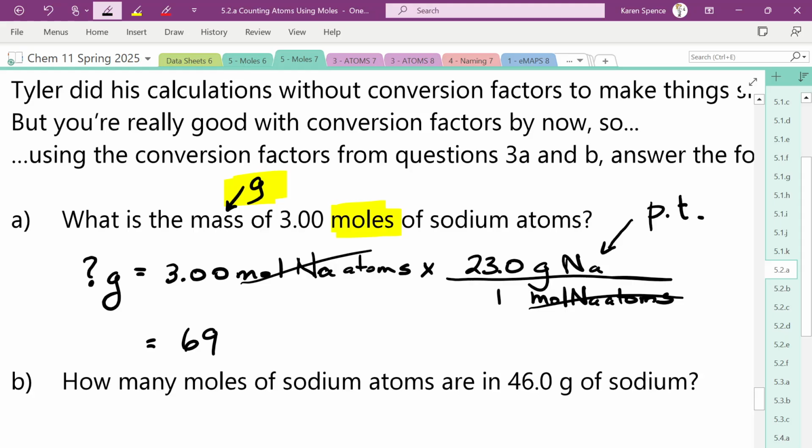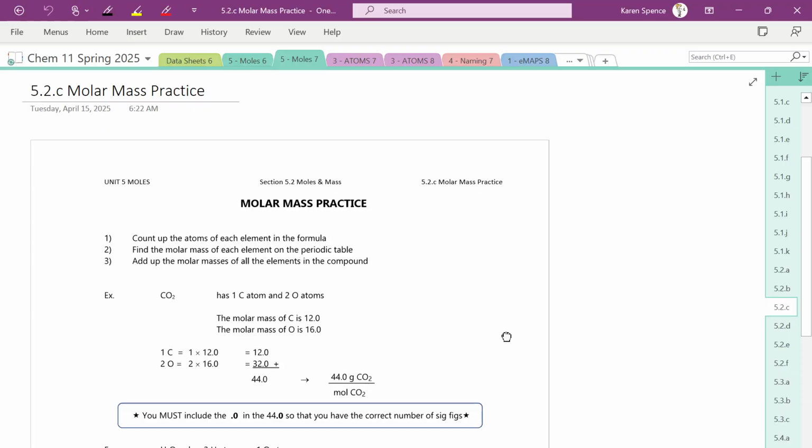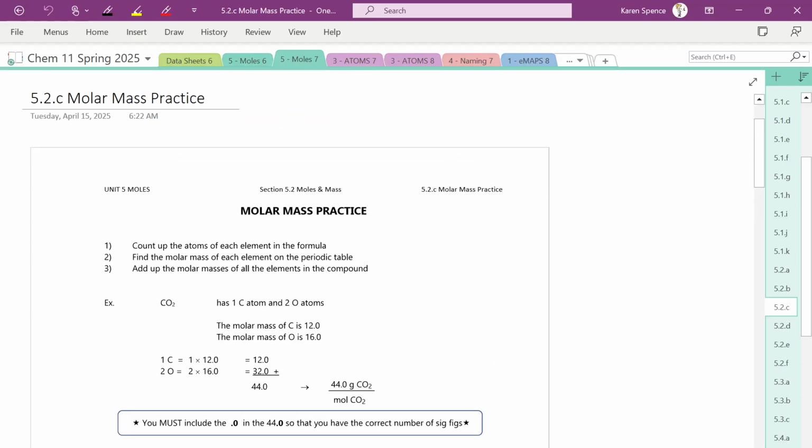Are we done? No. 69.0 grams of Na. Okay? Okay, we're going to leave the rest of this for a moment, and we are going to go to page 40.